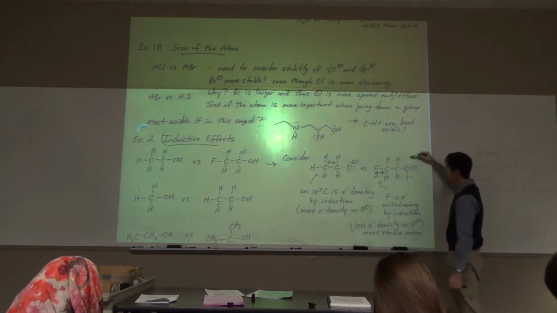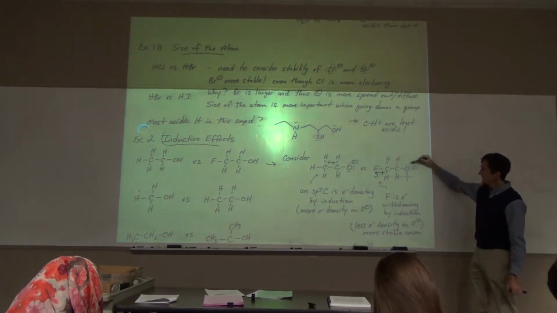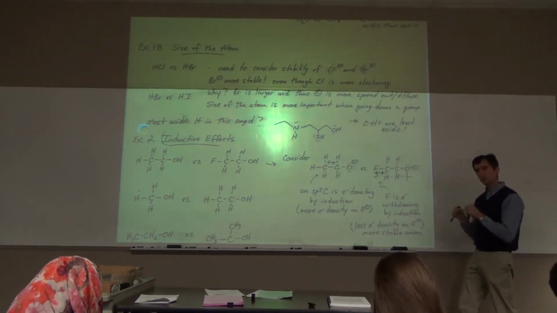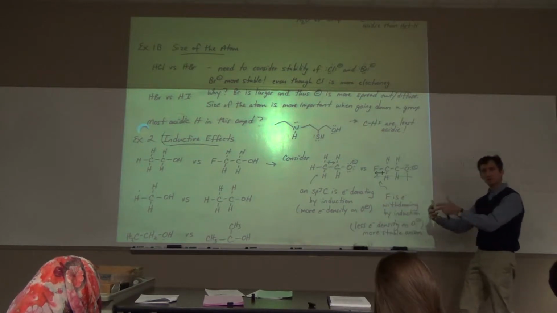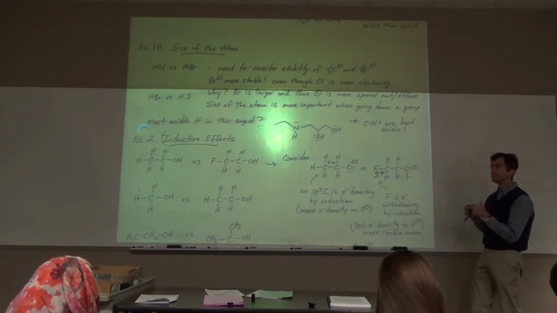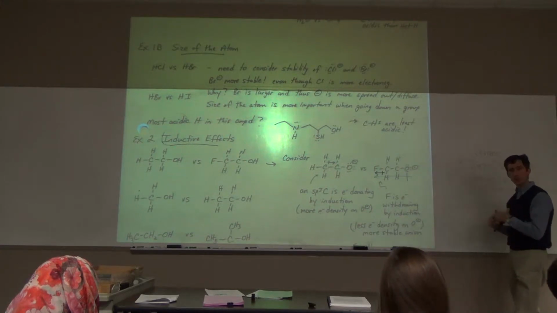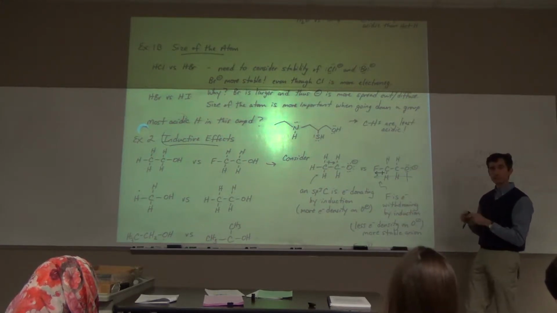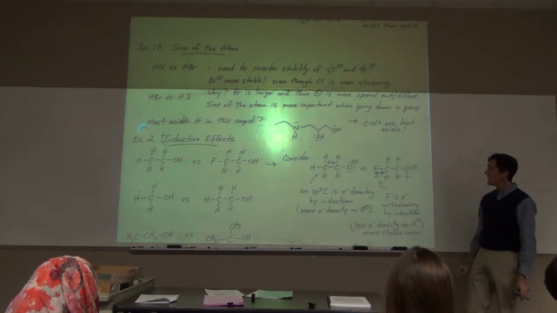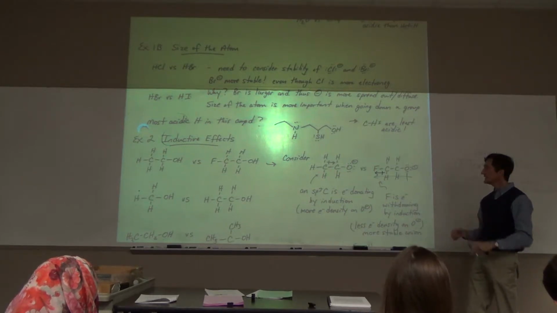Now, question here. How do you stabilize an anion? Do you move electrons towards it, or do you pull electrons away? You stabilize an anion by pulling electrons away. And the pulling away is called induction through single bonds.